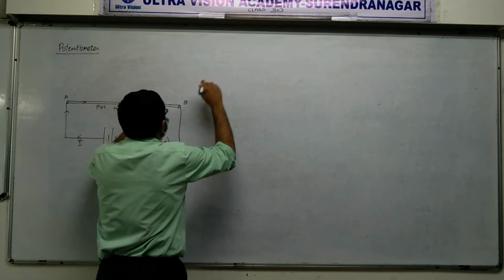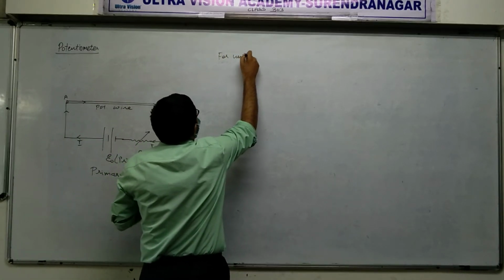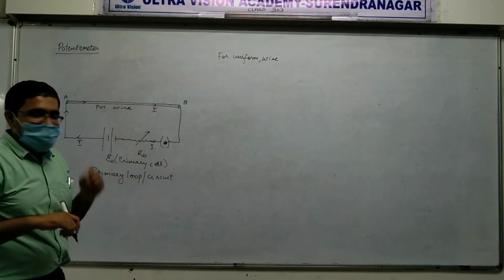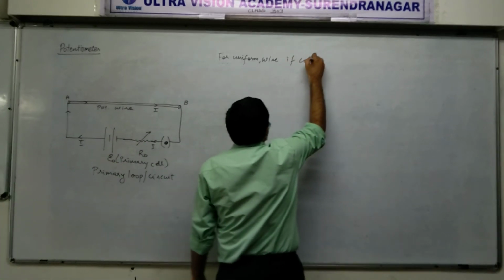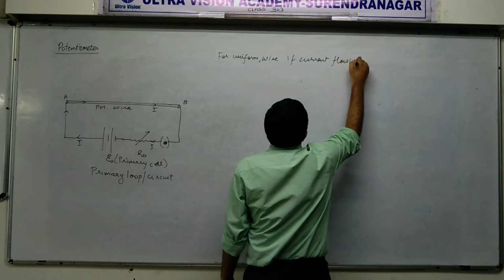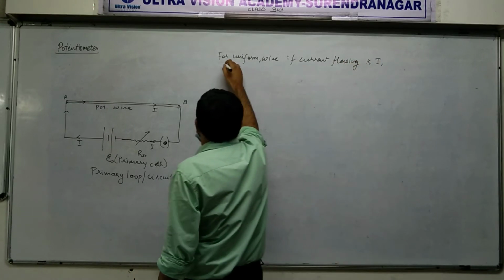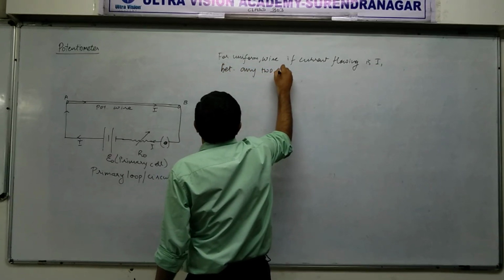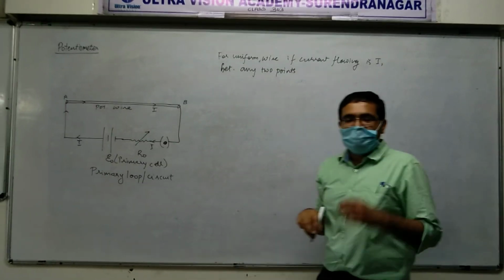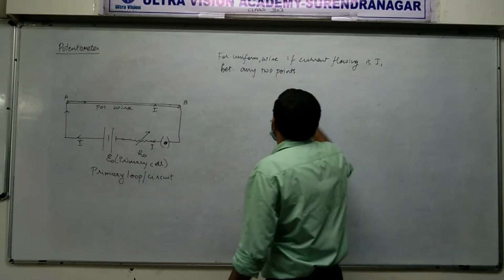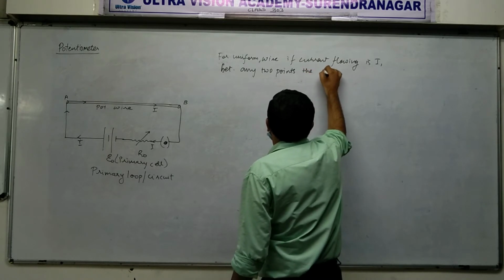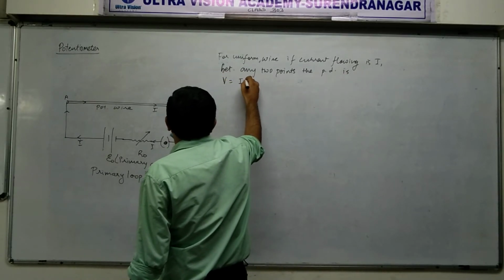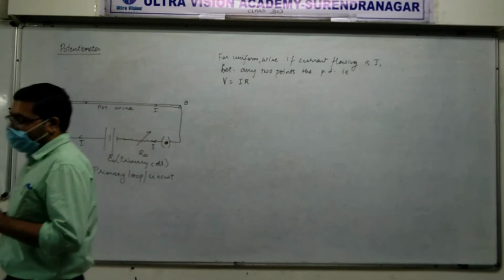So think about it that if it's a uniform wire, if current flowing is I, between any two points, the potential difference is V equal to I what?